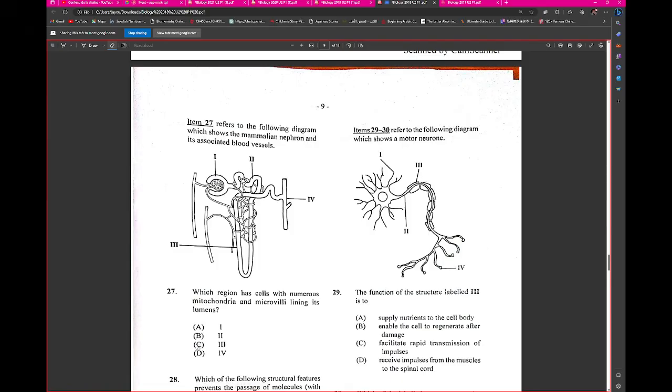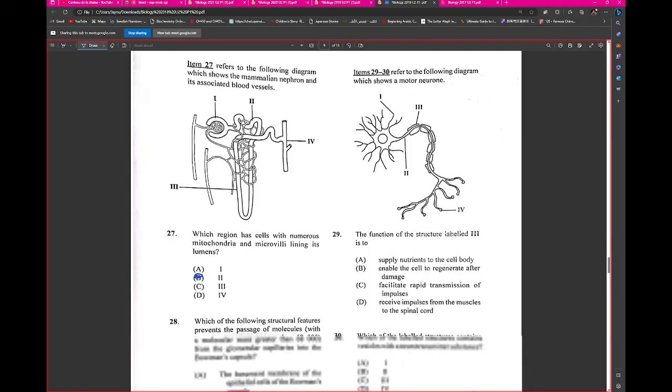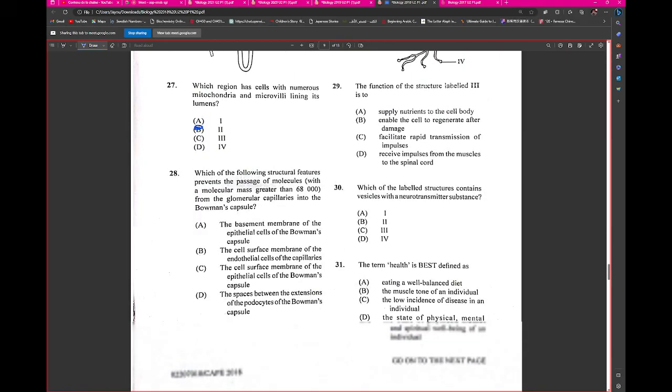Which of the following structural features prevents the passage of molecules with a molecular mass greater than 68,000 from the glomerular capillaries into the Bowman's capsule? So what structural feature prevents that?